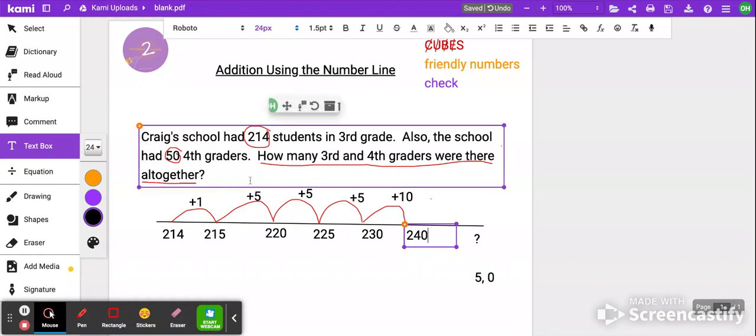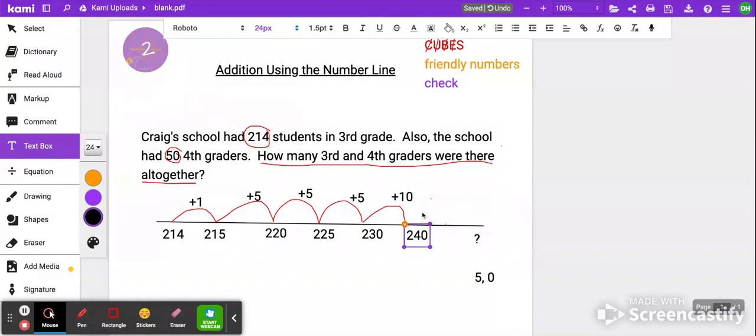So let's count to see how much we've added so far, because again, we want to add 50 onto 214. So far I've added 10, 15, 20, 25, and 26. So let's go ahead and this time, let's add 20, because if I add 20, that'll be 20, 30, 35, 40, 45, and 46.